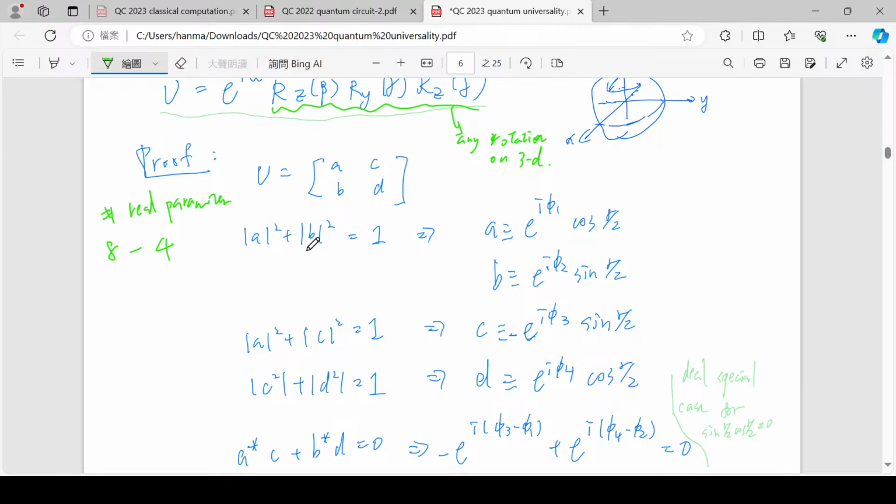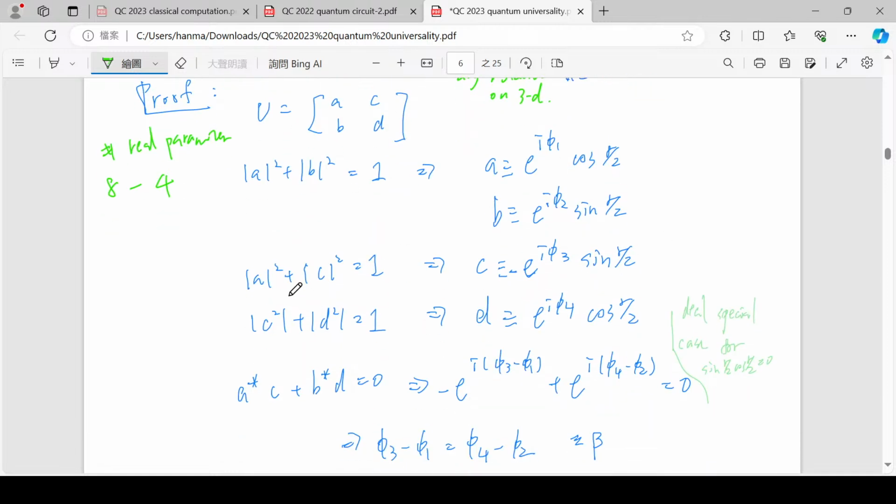From this, we know their length squared follows a cosine and sine relation, and we assume it is cosine gamma over 2 and sine gamma over 2 because we know the answer. Similarly, a squared plus c squared equals 1, and so c will also have another phase, and we put a minus sign here because we know the answer.